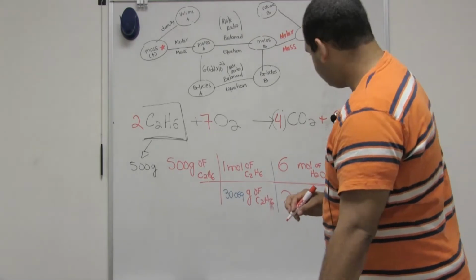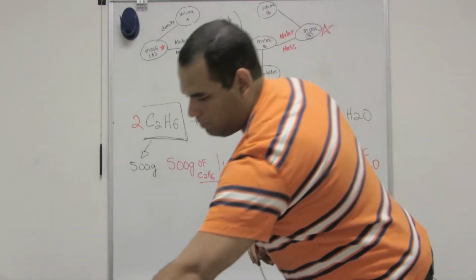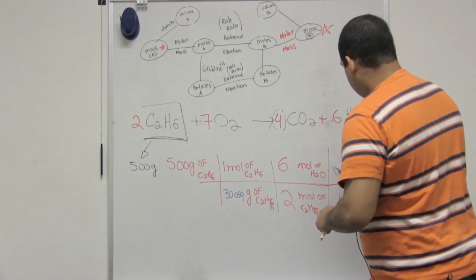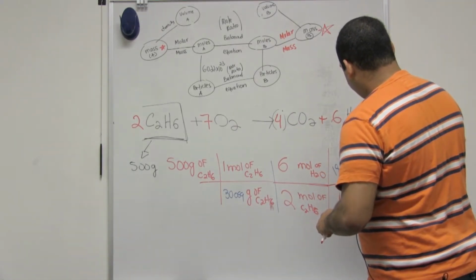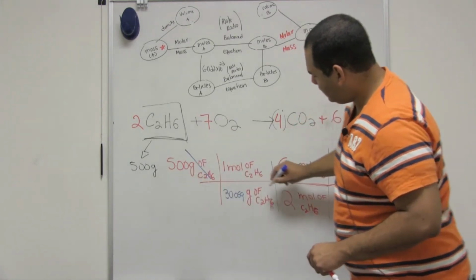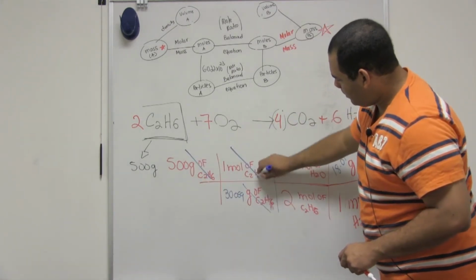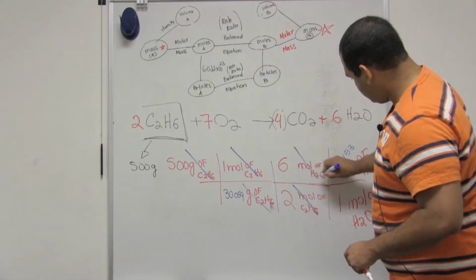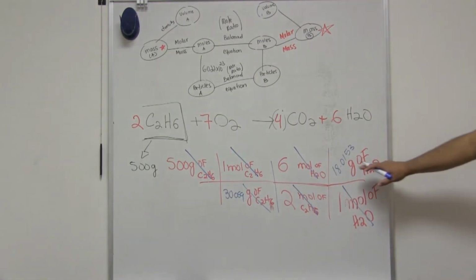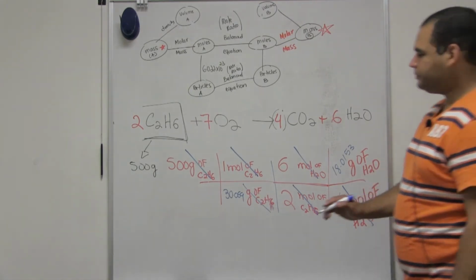And I already calculated that particular molar mass and I put it on here. It's 18.0153 grams of H2O. So grams and grams cancel, moles and moles cancel, moles and moles cancel. And I ended up with grams of H2O.